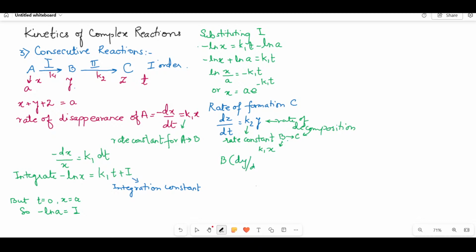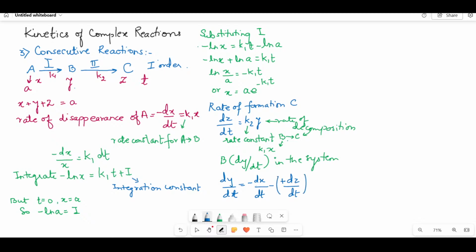dy by dt in the system is given by dy by dt is equal to minus dx by dt minus of plus dz by dt, which is nothing but minus dx by dt minus dz by dt.